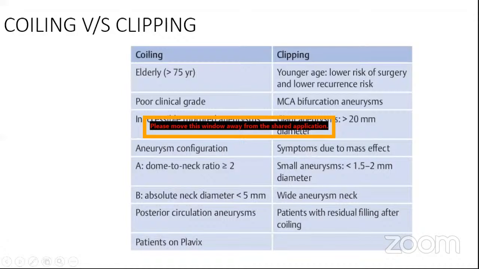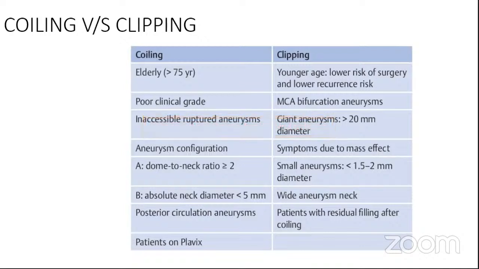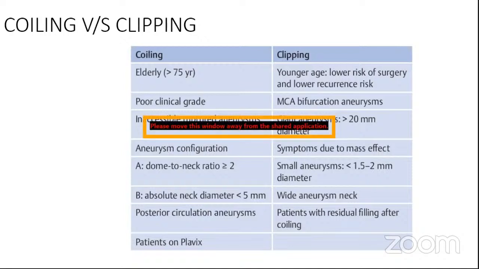So coming towards one important slide: whenever we are talking about coiling versus clipping, whether we should do coiling or clipping in any sort of aneurysm, these are basically the inclusion and exclusion criteria. Normally MCA aneurysms are giant and bigger in size, so clipping is preferably the mode of treatment in these patients.